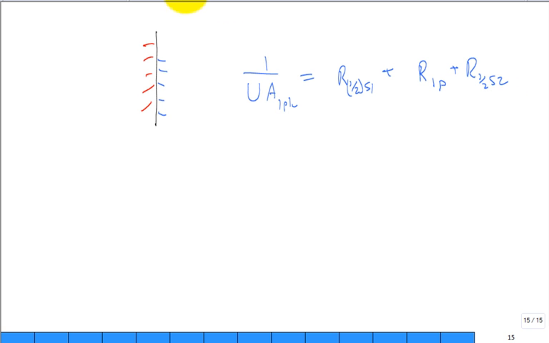Now, if I said that I want to multiply by the total number of plates in the box, that would be 2 times the number of what do you call those? Passages. 2 times the number of passages.